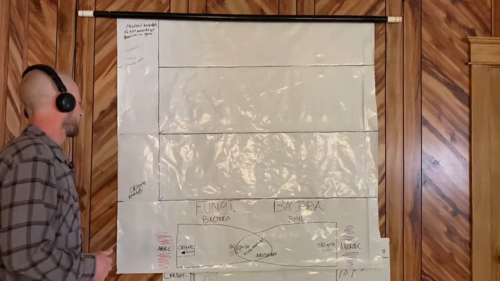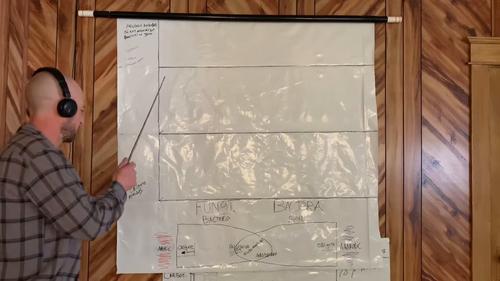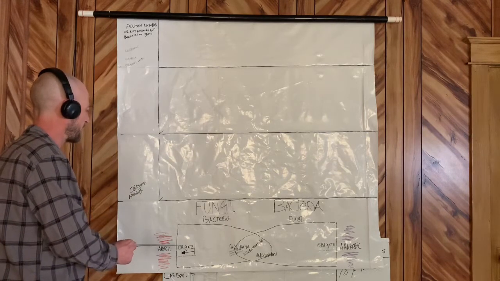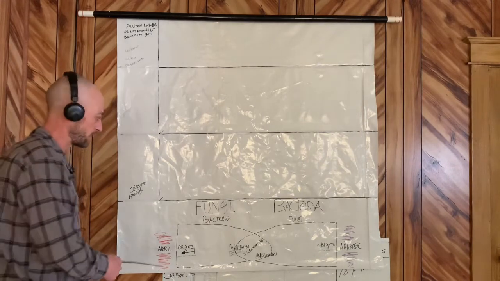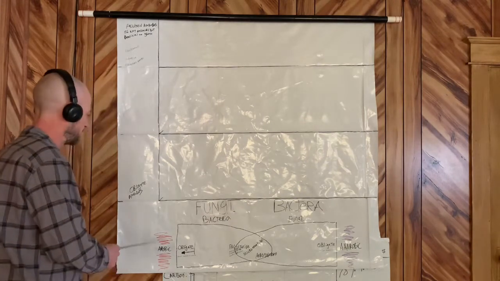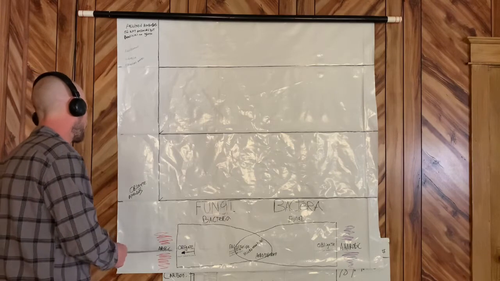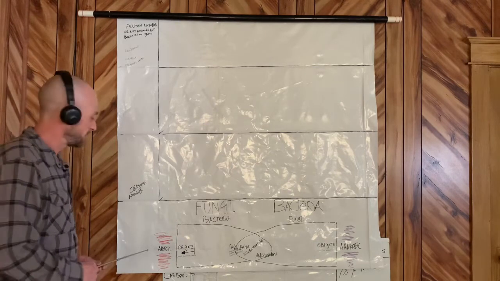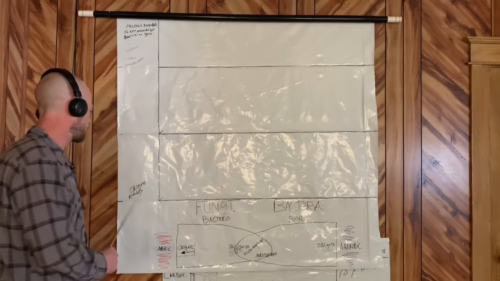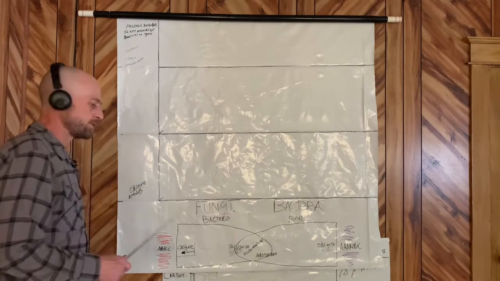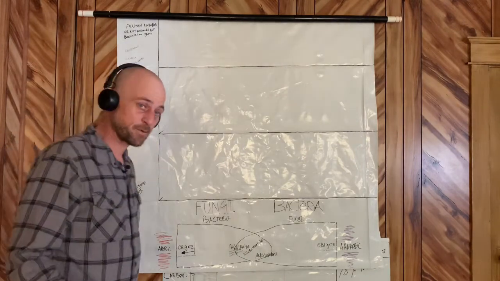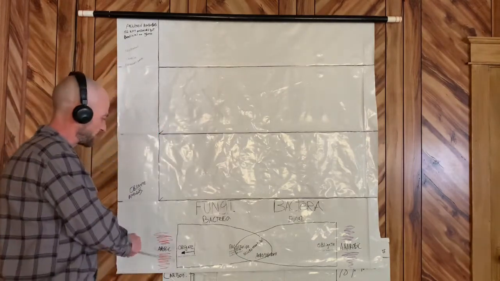But anyway, we have this side we're going to call the obligate aerobic side, or the aerobic side. The obligate aerobic side means that all life present in that zone requires oxygen or atmospheric gases to survive.